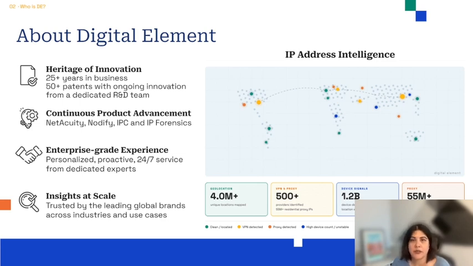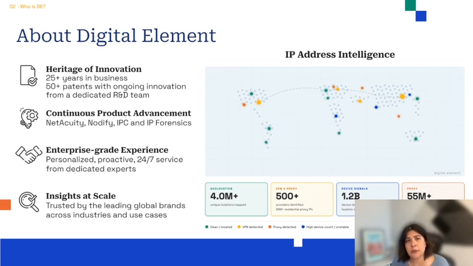those transactions. And just thinking about the scale of that coverage, roughly 4 million unique locations mapped globally, over 500 VPN and proxy provider insights covered, over 1 billion device-derived data points. And on top of the 500 VPN and proxy providers, we do also have over 55 million residential proxy IPs flagged.